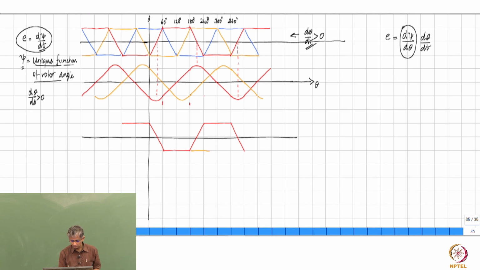Y will now be negative here, y will be positive here, and then you have B that's going to come.